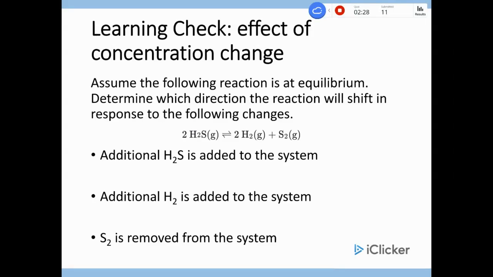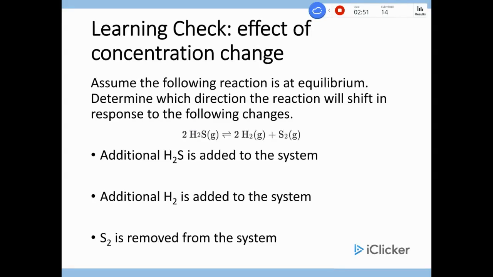Yes, so we've added more reactant to the system. Shift to the left means producing more. But we already added more. Yeah, so now with more reactants there, it will start producing.